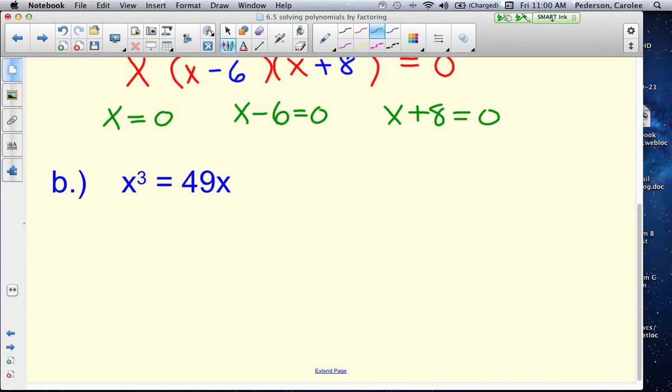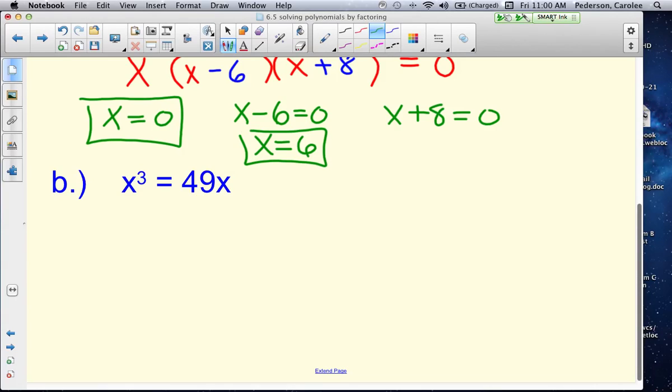Well, the first one is solved, so we have an x-intercept at 0. We add 6 here, we get an x-intercept of 6, and then our last one, subtract 8, which is negative 8. So those are my 3 x-intercepts, which are also the roots or the zeros of the function.